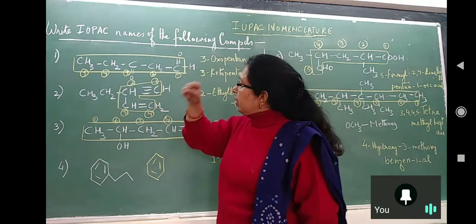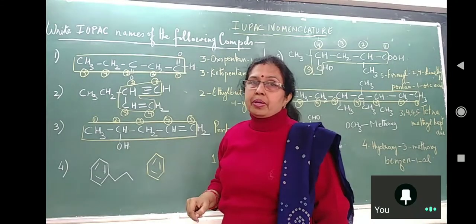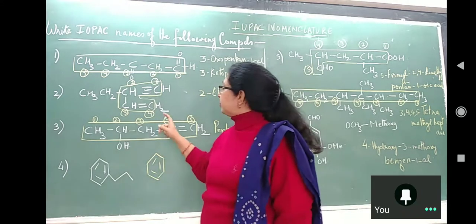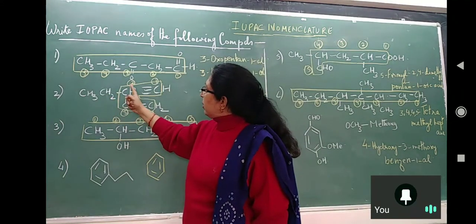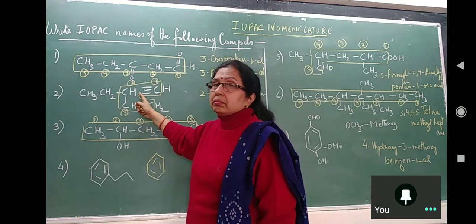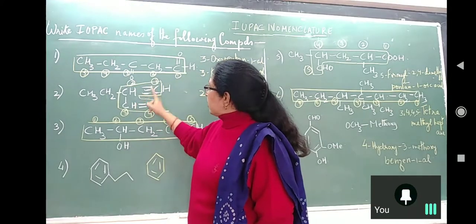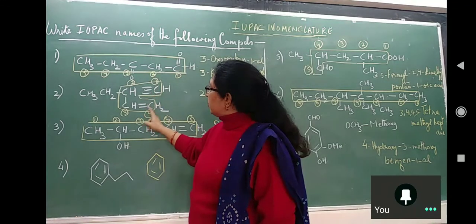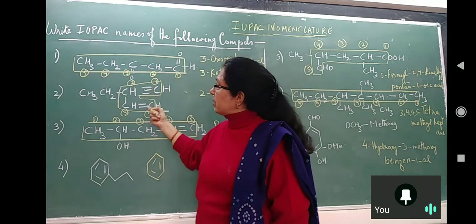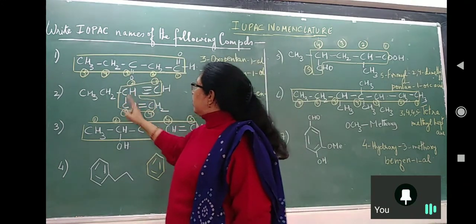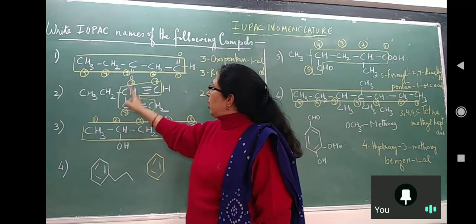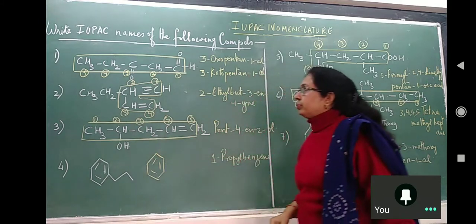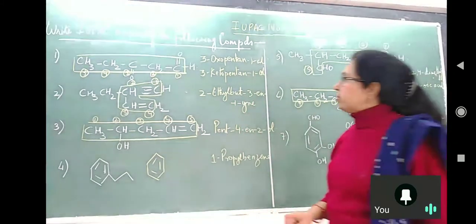But again, lowest locants. This is a substituent to the triple bond. This and this are getting the same number, starting and ending same number, but this is closer. So if you apply the lowest sum rule, the numbering will be 1, 2, 3 and 4.